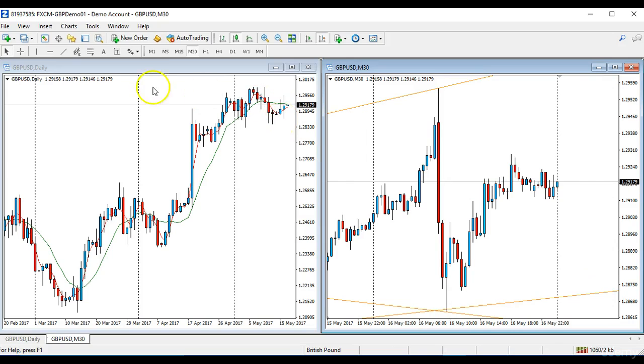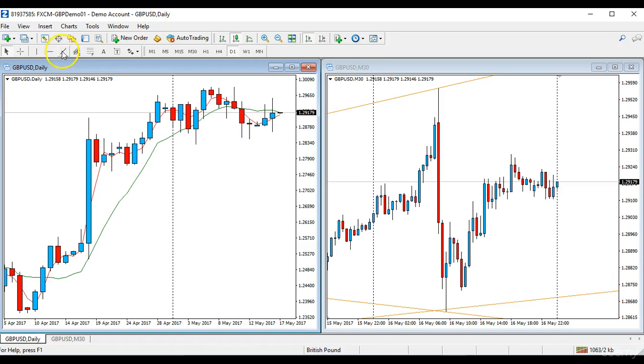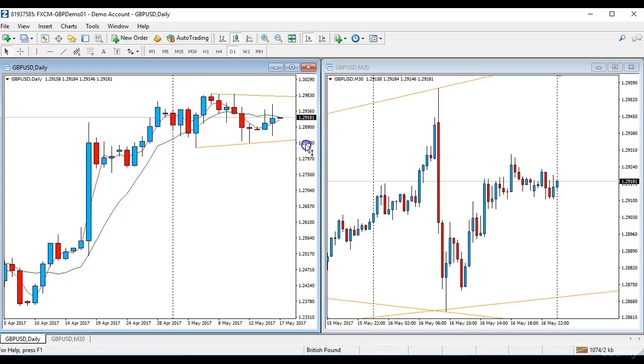If I start drawing some lines here on the daily chart, I can see that price is actually moving sideways, and there isn't really momentum because price is crossing over.